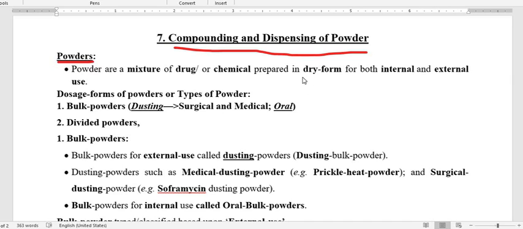First you have to go through the form. How does it look? It looks dry. So this is the dry form, the powder form.